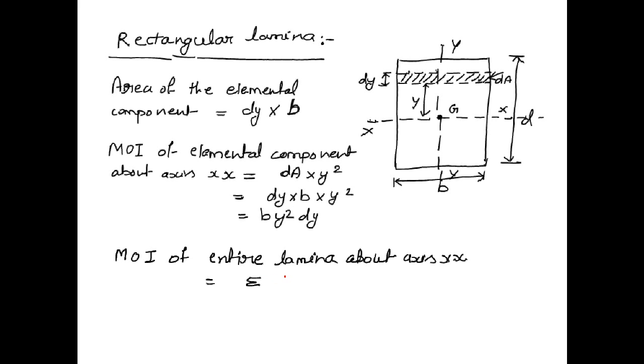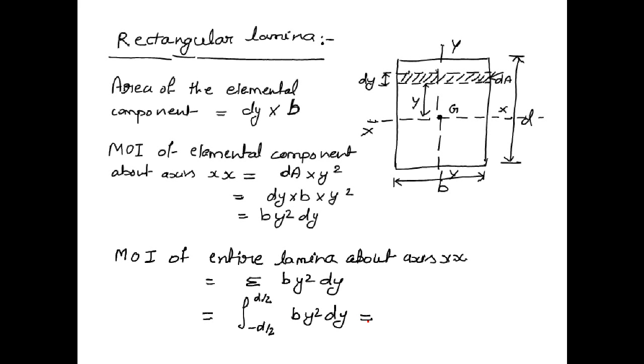It will be the summation of this b y square dy. We can write here the integral from minus d by 2 to plus d by 2 of b y square dy.